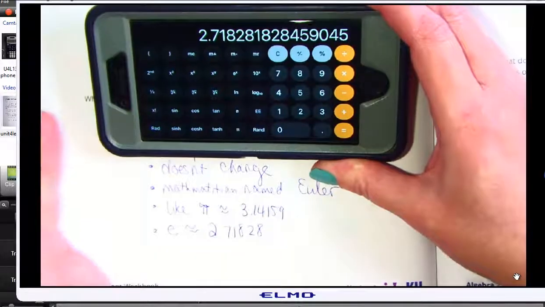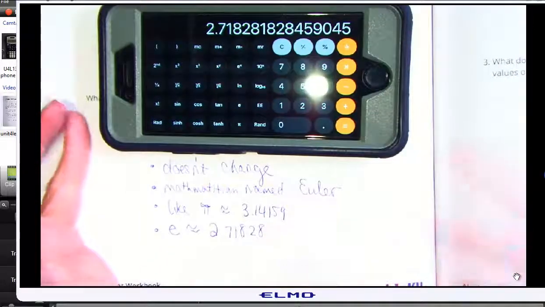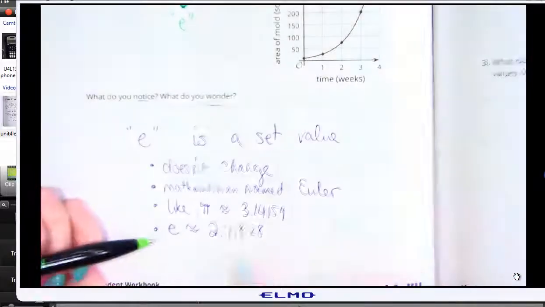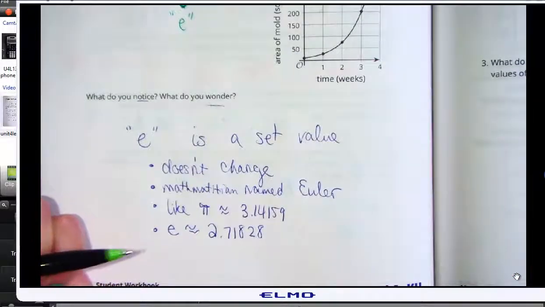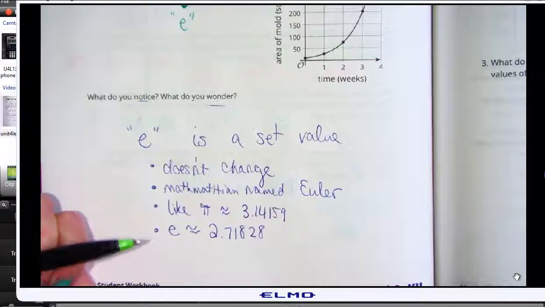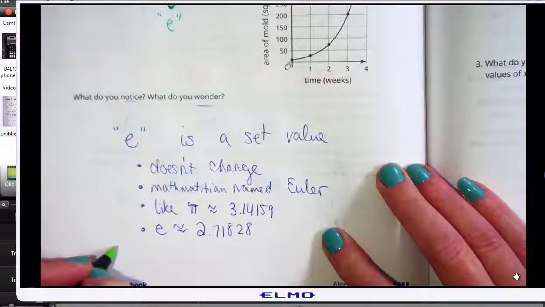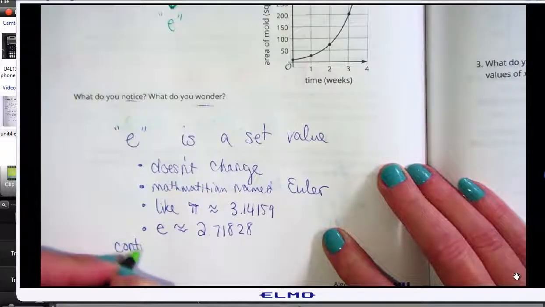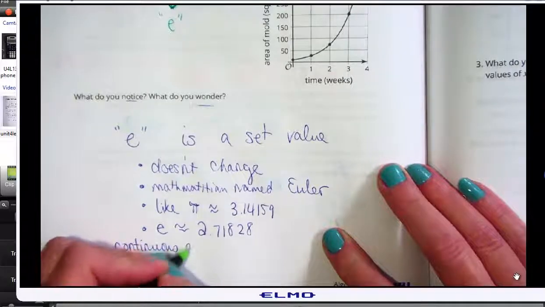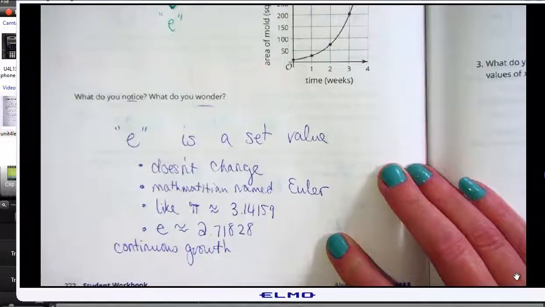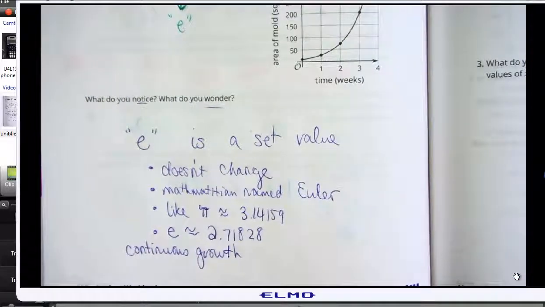It's got this weird repeating pattern, but it is changing in chunks like that. So e is this number that we're going to start using for anything that is called continuous growth, or something that is growing continuously.